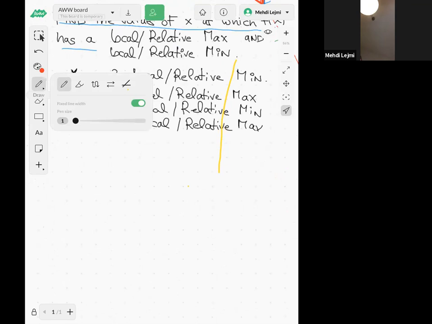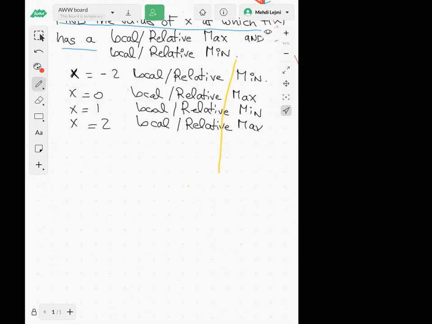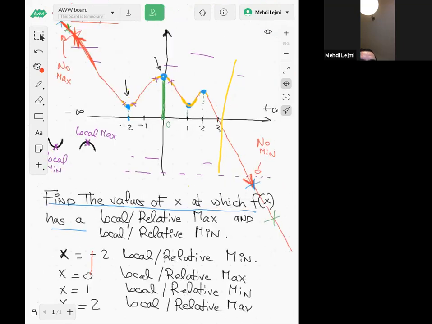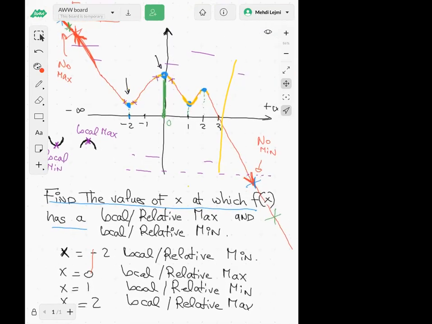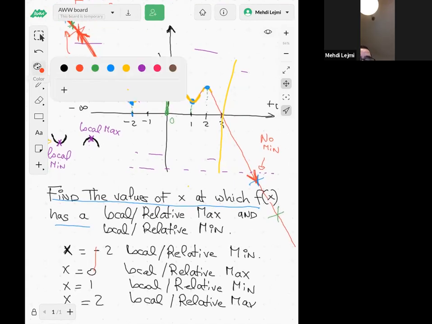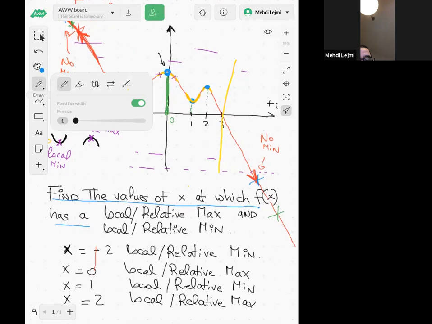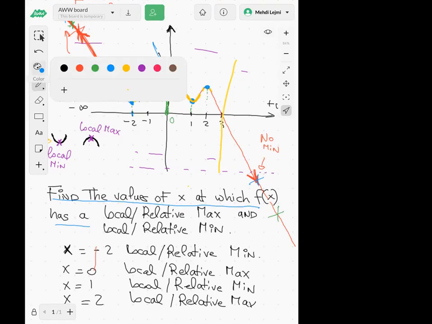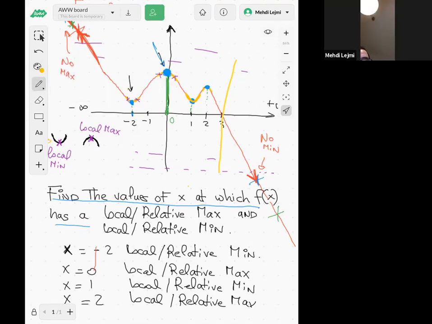So here's an exercise. Professor, the -2 and the 0 is the global, right? The global maximum? No, they're not. You're saying this 0 here would be a global maximum? No, it's not, because if I compare it with this point here, the yellow one, this one would be higher.